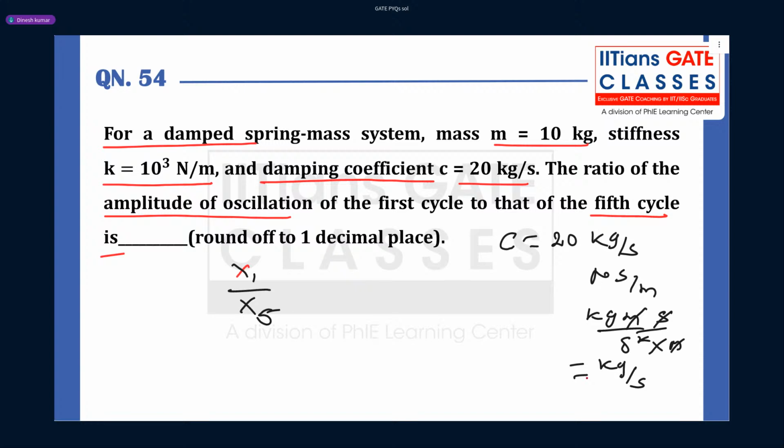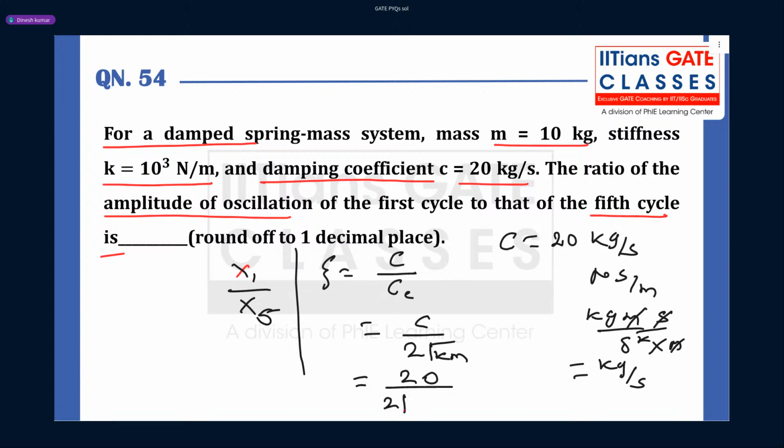We already know what zeta is. Zeta is the ratio of the damping coefficient to the critical damping coefficient, c by Cc. So c is given. What is Cc? It is 2 under root km. Now c is 20 upon 2, k is 10 to the power 3, and m is 10.